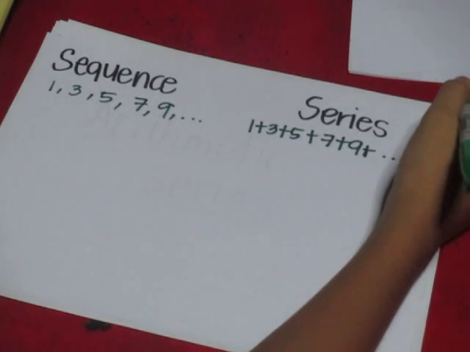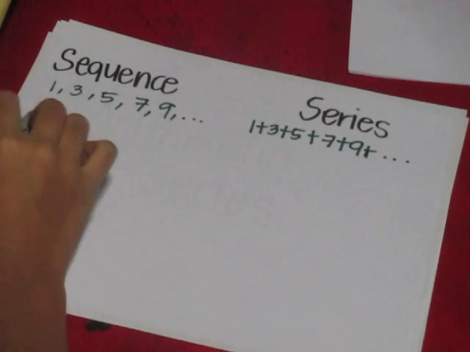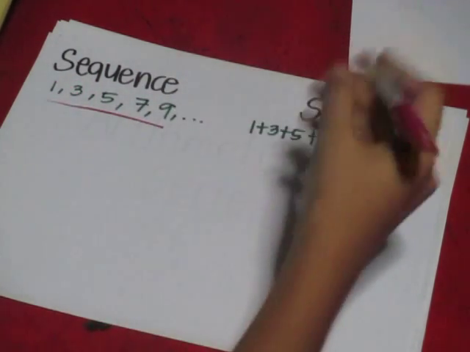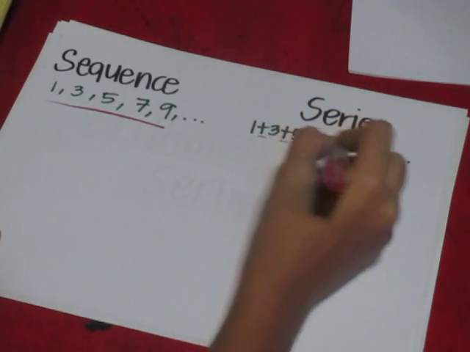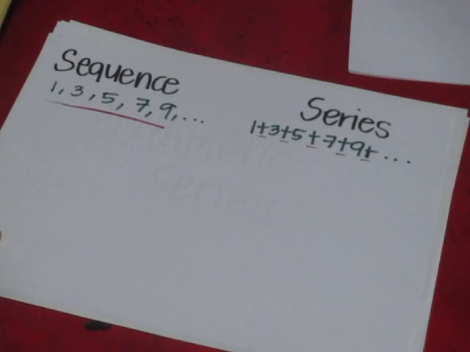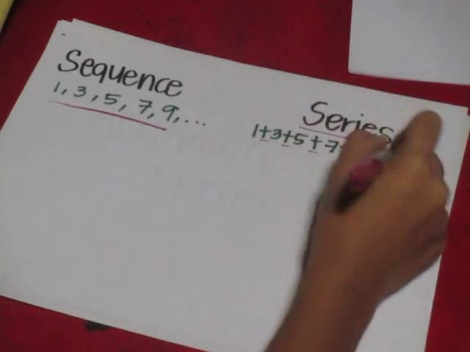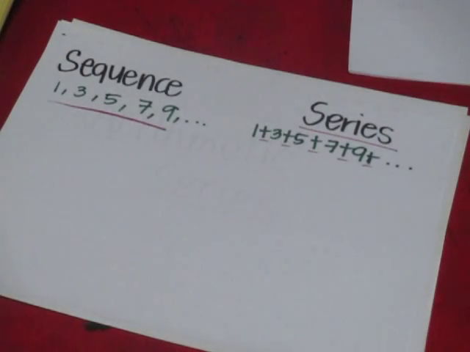So sequence talks plainly about the consecutive arrangement of numbers, and series talks about the sum of the sequence. So that means there's an operation involved when we talk about series, and a sequence is only the arrangement or the set of numbers given.